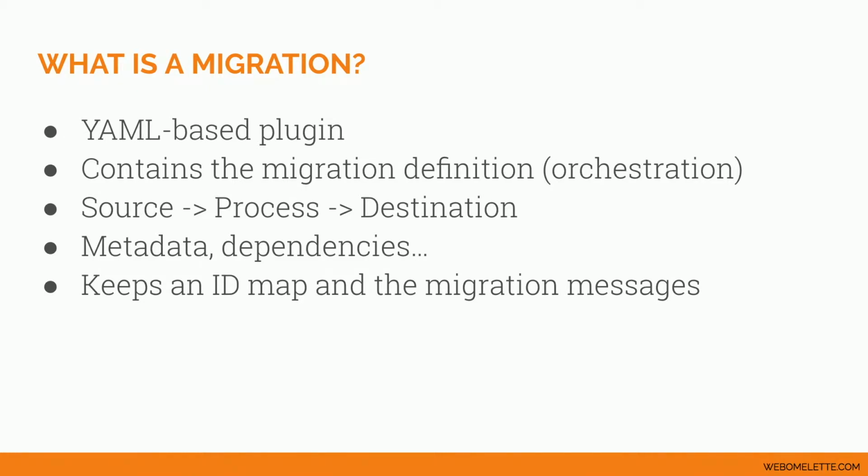So yeah, migrations themselves are plugins based in YAML. Many of us are used to annotation-based plugins, such as blocks, right? But these are YAML-based, such as menu links, for example. The migration essentially defines how the whole procedure will work. It orchestrates the various plugins that come into play, source, process, destination, in order to run the whole thing successfully.